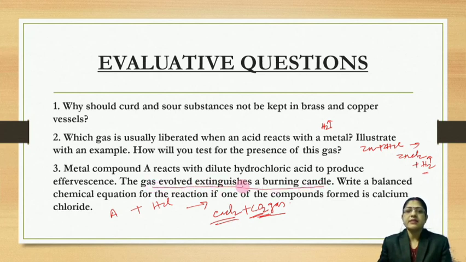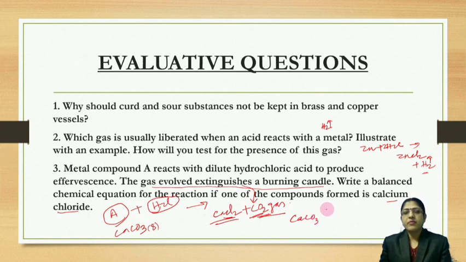That means that gas is CO2. And calcium chloride is given as another product. And HCl is also given as a reactant, and A will be calcium carbonate. Right? So how can you write the balanced chemical equation?